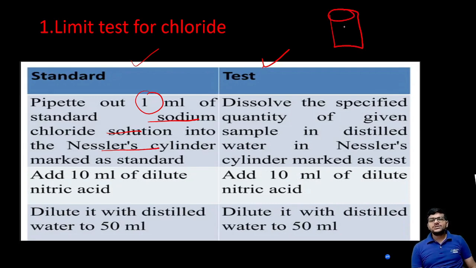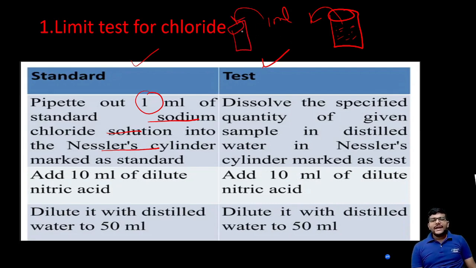There is a standard solution which we have prepared by following the procedure in the Indian Pharmacopoeia, and from this you pipette out 1 ml of sodium chloride, that is NaCl, into a Nessler cylinder having a volume of 50 ml.